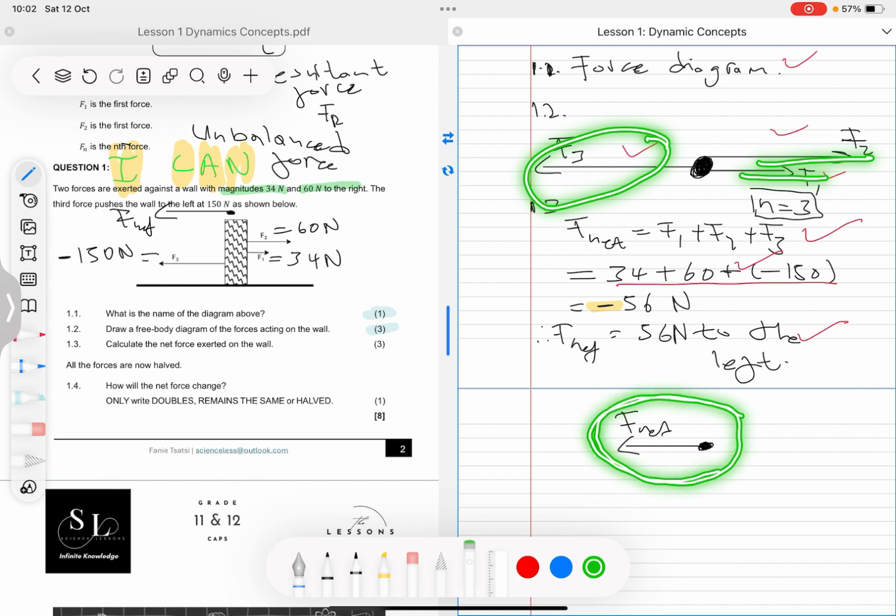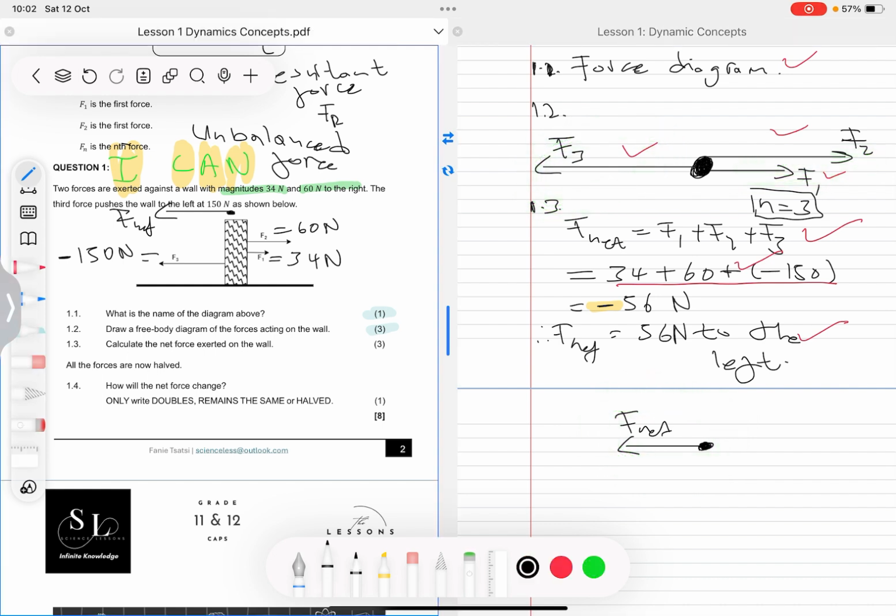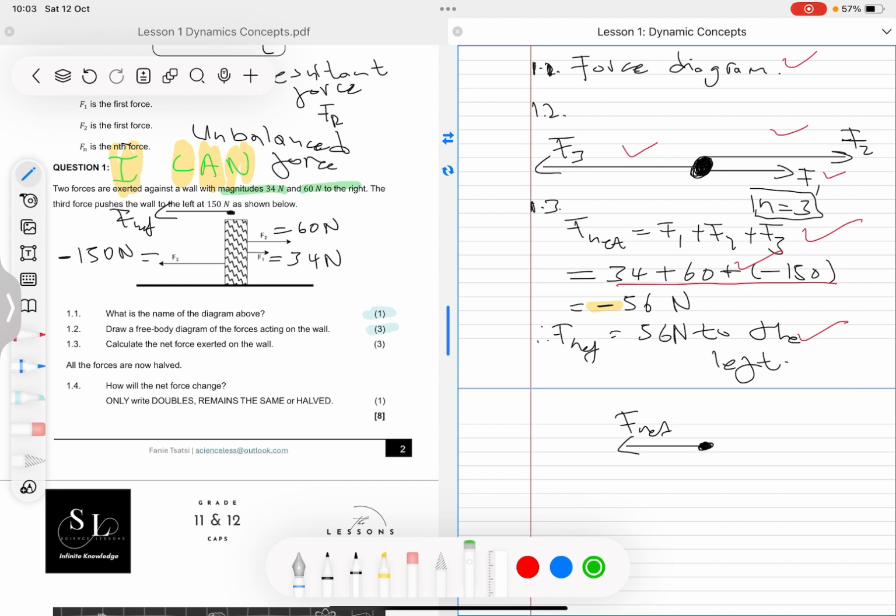So if somebody was to push the wall with a force of 56 newtons to the left, because it's negative, it will be the same as pushing this wall with F1, F2, and F3 simultaneously. So it has the equivalent effect, right?